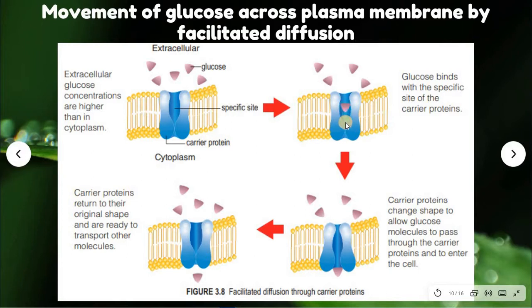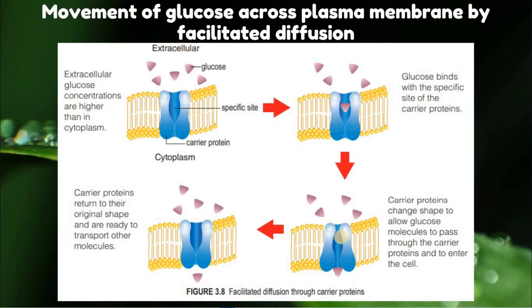Third, the carrier protein changes shape to allow the glucose molecule to pass through the carrier protein and enter the cell.